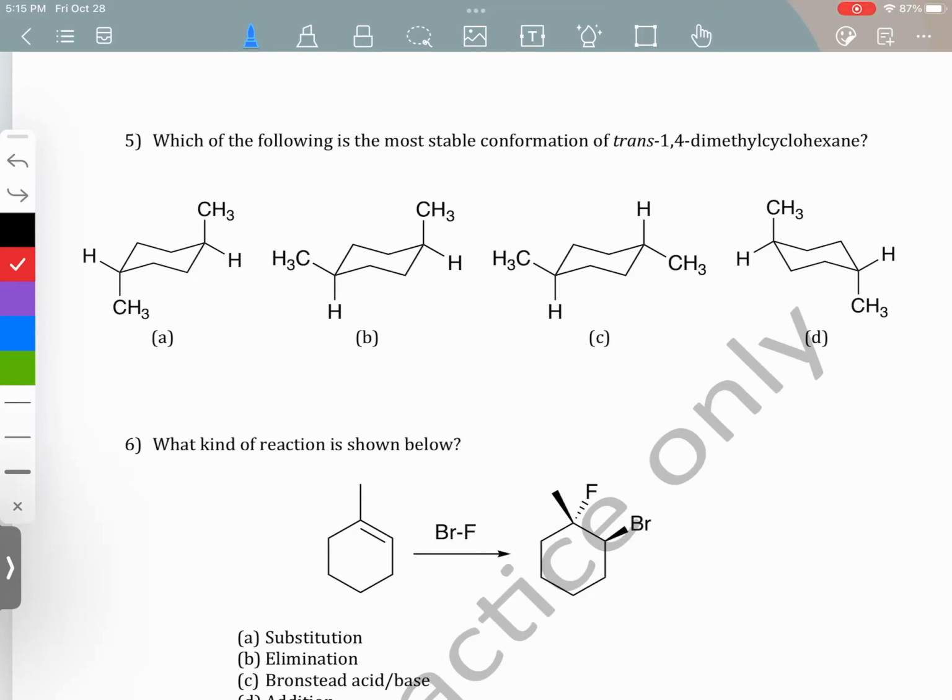So the more you have these substituents in the equatorial positions, the more stable the chair conformation. So which of these answer choices would be more stable? C. Right, C. Both methyl groups are in the equatorial position. That makes this chair conformation even more stable than the rest.